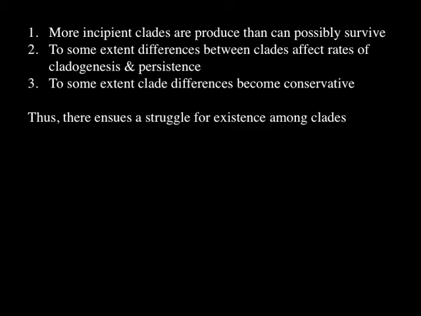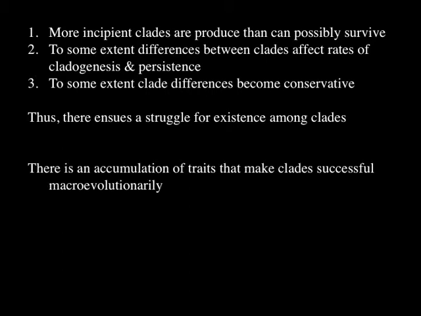But nevertheless, some of them will fail and some of them will not, and it's partially determined by the features that they have. And so, over time, there should accumulate in highly successful groups a whole bunch of things that make them successful, that make them not so prone to extinction and prone to making more subsidiary species.